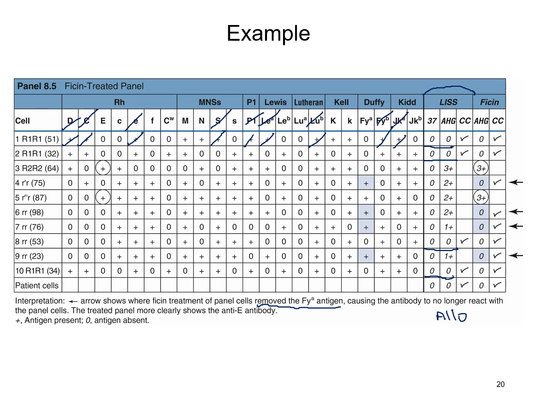Going to my next panel cell, and I'm just going to run through this real quick. Little s can be ruled out, Lewis and K. And can't do JKB just yet.